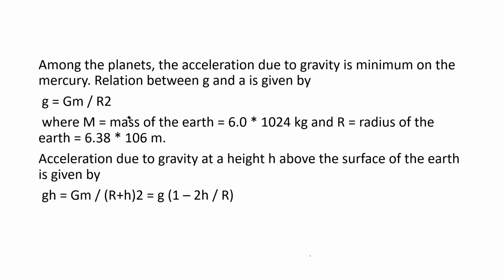Next, they have given that at a height h means, suppose here you consider the earth, which is having acceleration due to gravity g, and mass capital M. Now I'll consider some object which is at a height h from the surface of the earth.